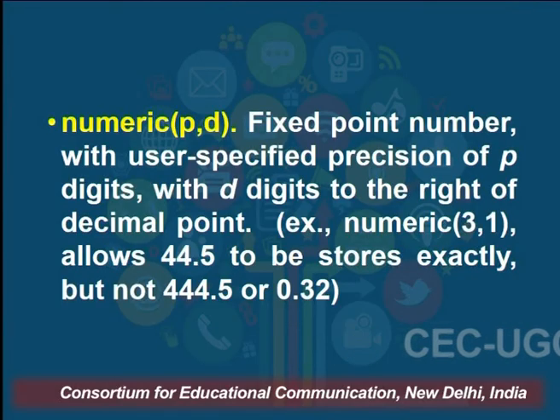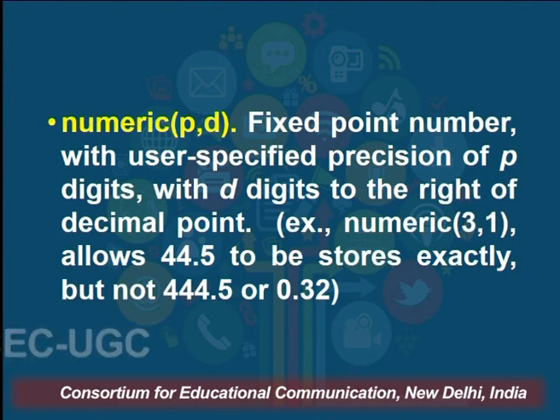For example, if we write numeric 3 comma 1, it allows 44.5 to be stored. That is fine, because the total is 3 and after the decimal it is only 1. But it will not allow anything like 444.5, because it exceeds the value of p, which is 3.